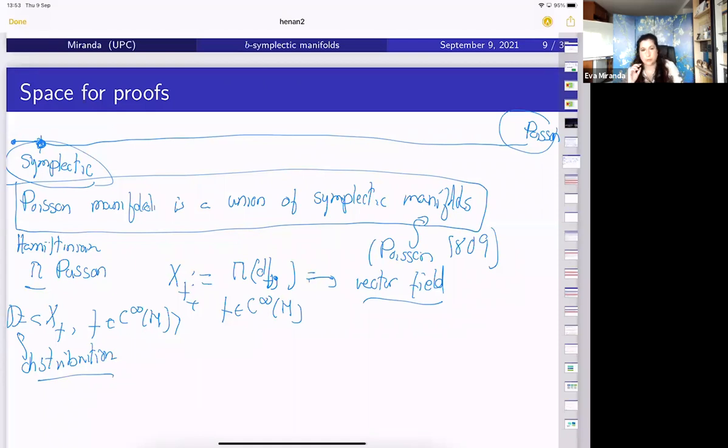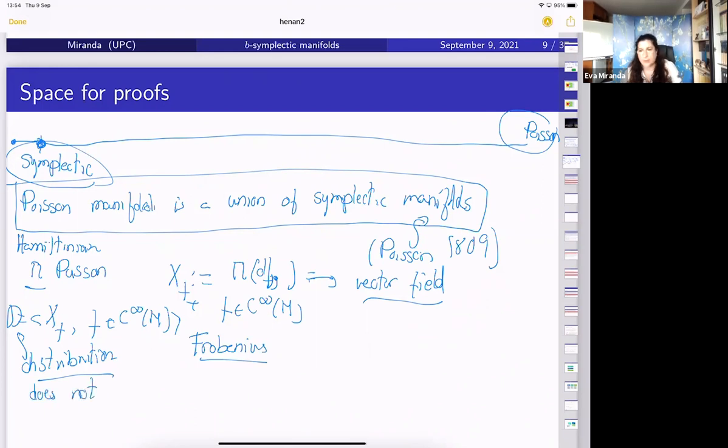What's very interesting about this is that this distribution is integrable in the sense that Frobenius's theorem applies, but in a more sophisticated way, because this distribution doesn't have constant rank.